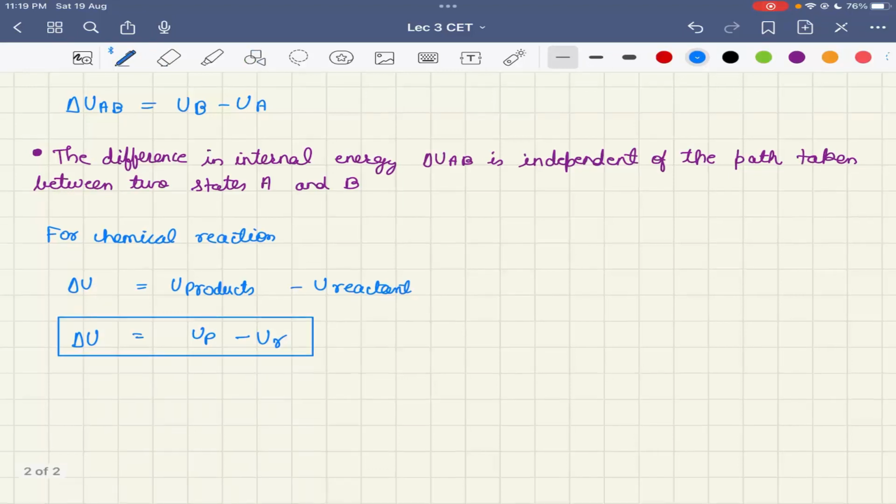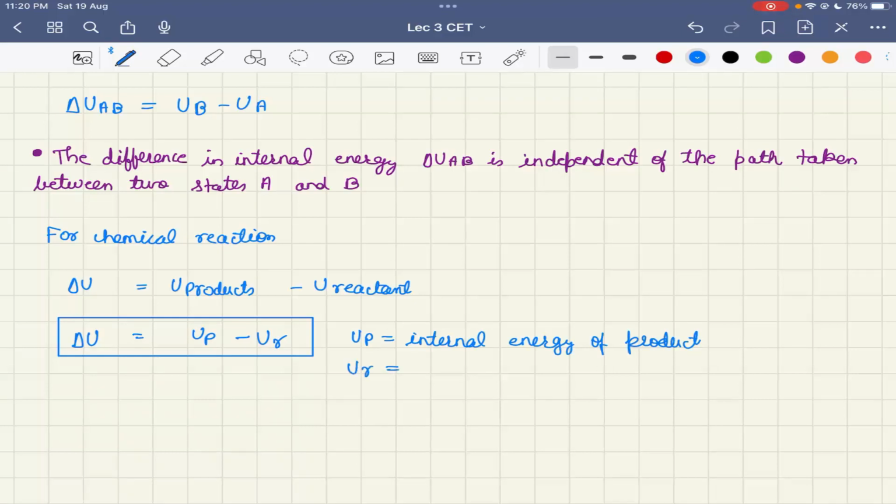Where UP is internal energy of products, and UR is internal energy of reactants, and delta U is nothing but the change in internal energy.